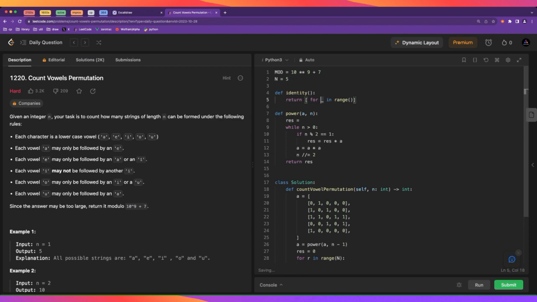For the rows and for the columns, if they are the same, I want a 1, and otherwise I want a 0.